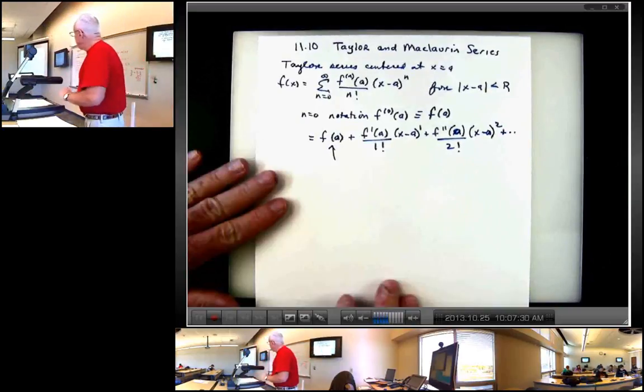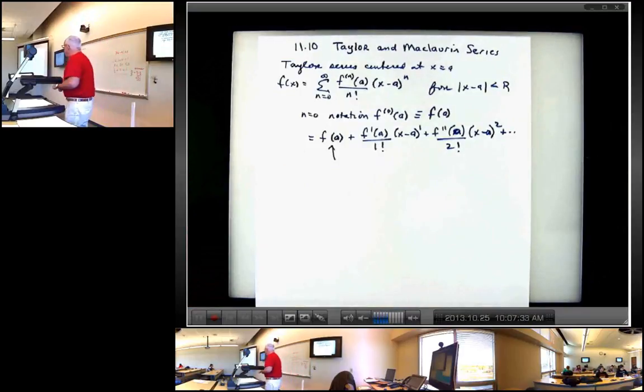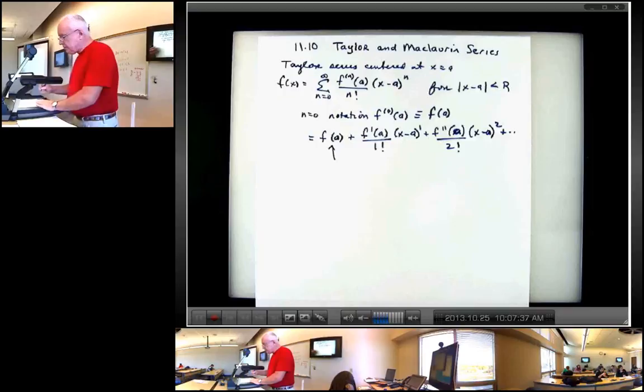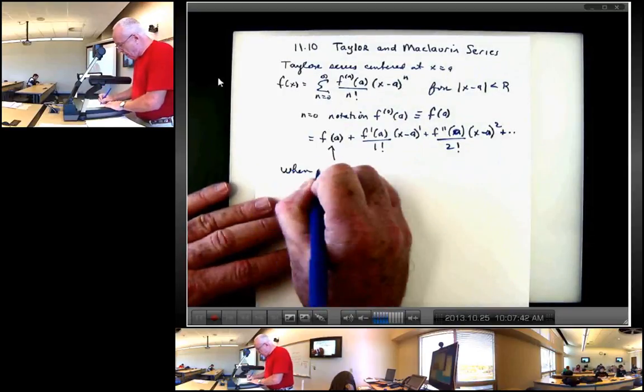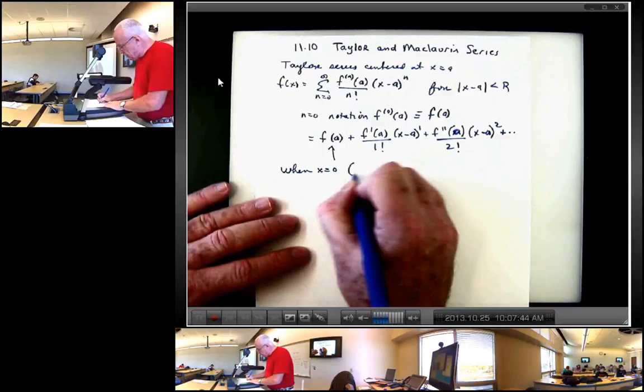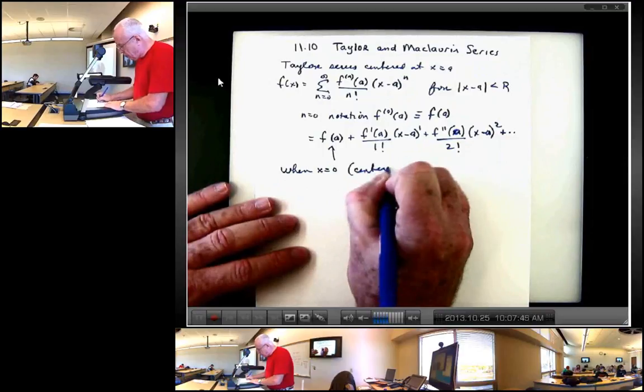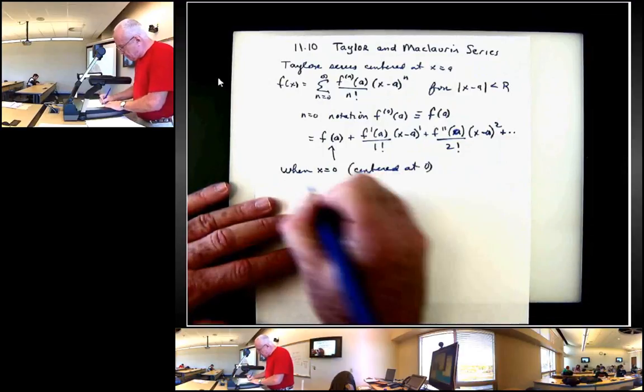Then there's a particular type of Taylor series called the Maclaurin series, and that's just when a is equal to 0, so when we're centering it at 0.